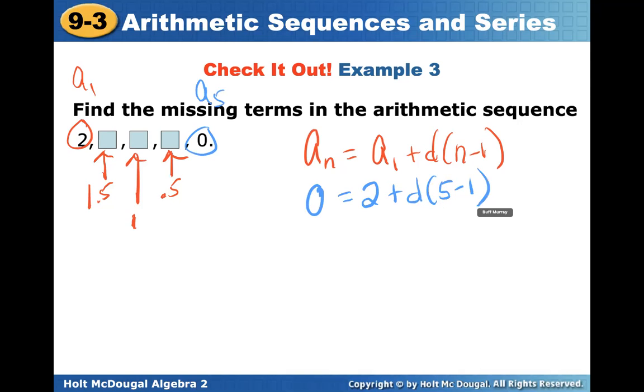And I don't know the difference, so I'm going to find it. -2 is going to equal 4d. So d is -0.5. And that's how I came up with 1.5, 1, and 0.5. Right. Any questions on that?